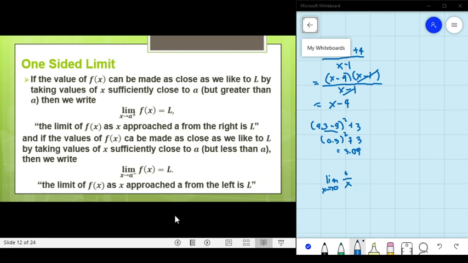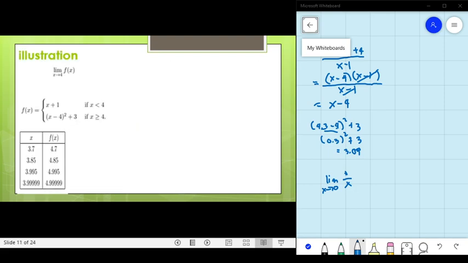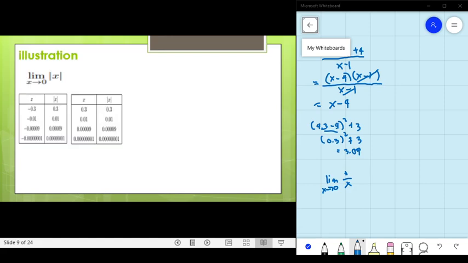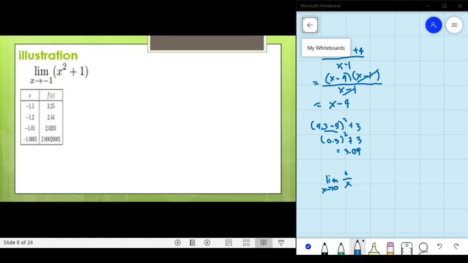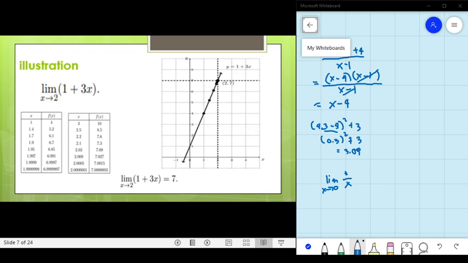Okay, so thus, we may say that in our first illustration, the one we had earlier, from the left, as x gets closer and closer to 2, our f of x gets closer and closer to 7.